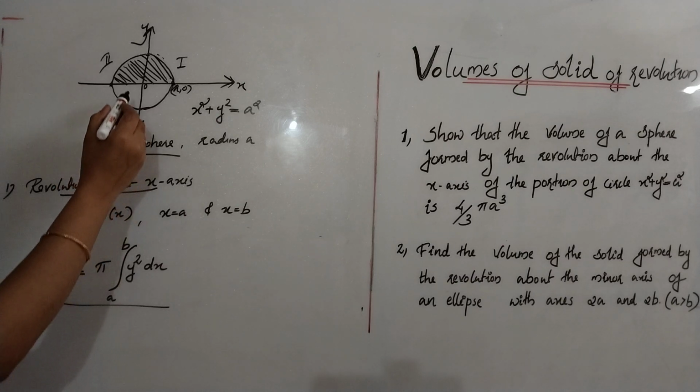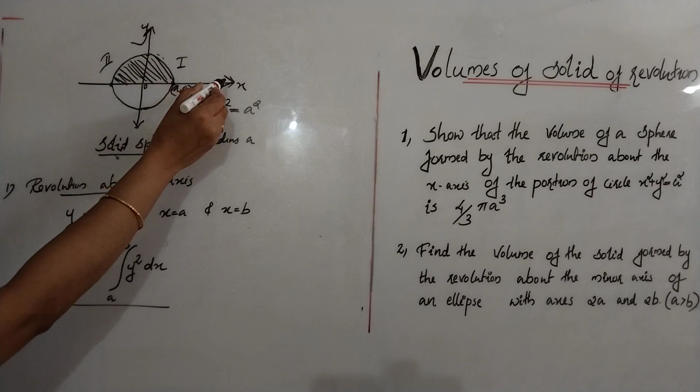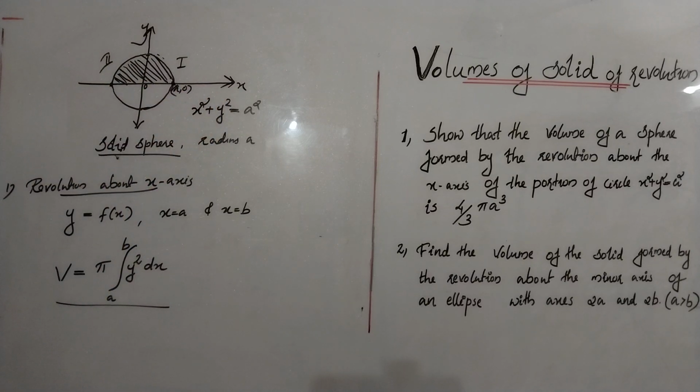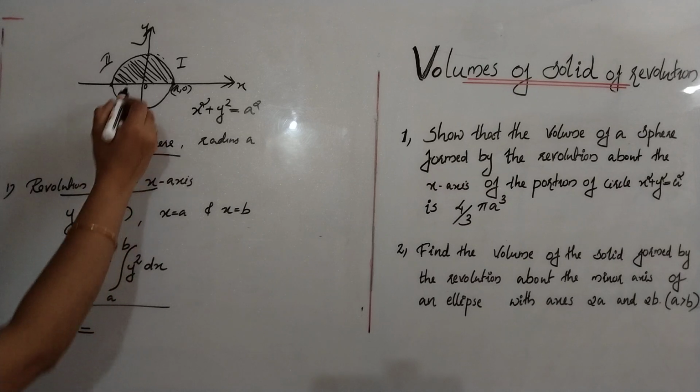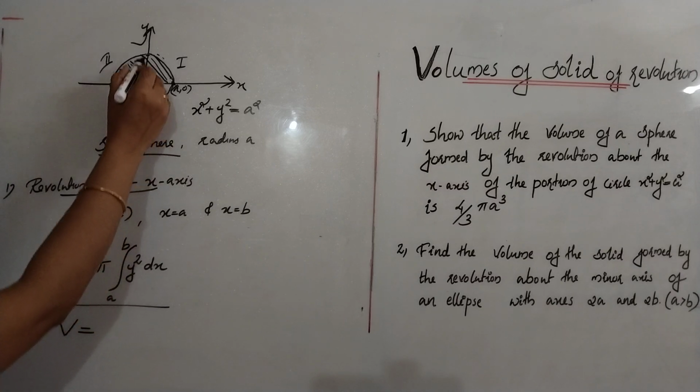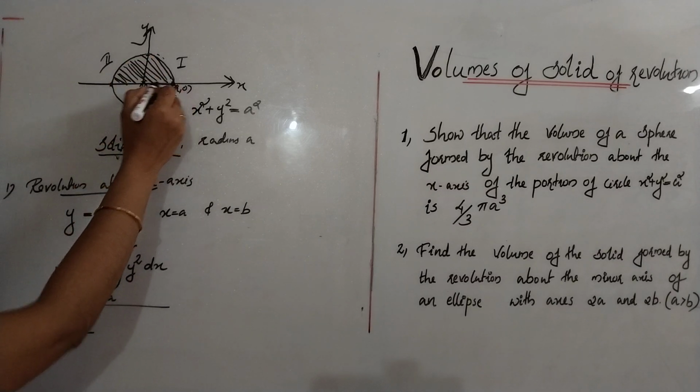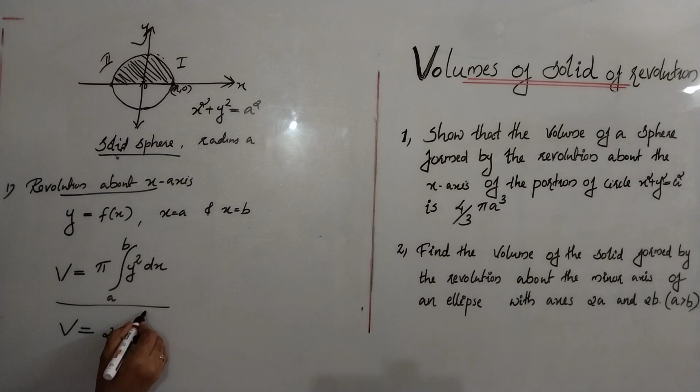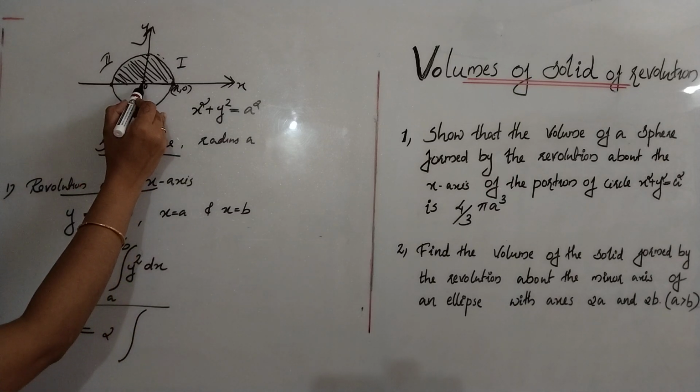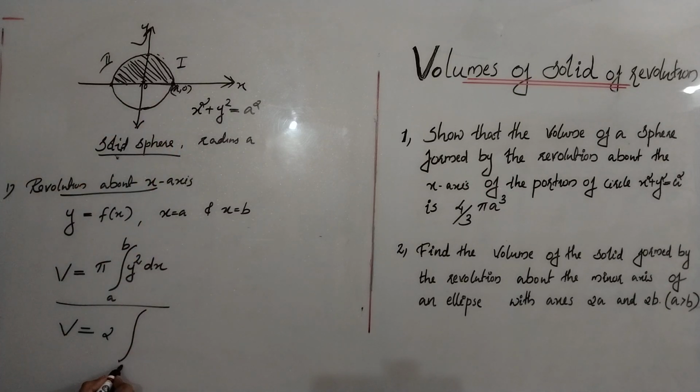Now we can see that the circle is symmetric about the x-axis. So using the symmetry, the volume is given by 2 times the integral from 0 to a.